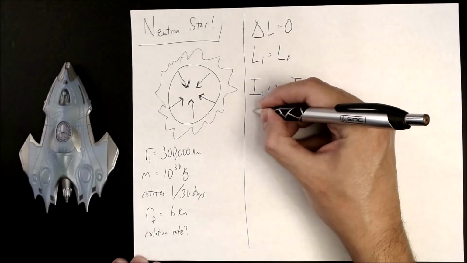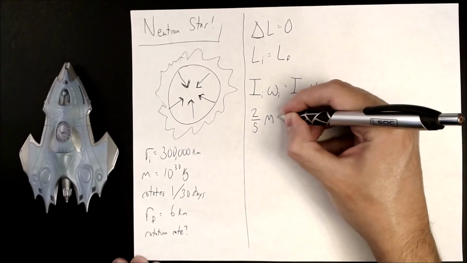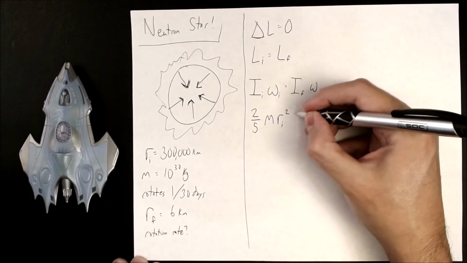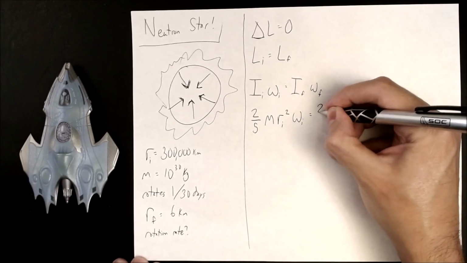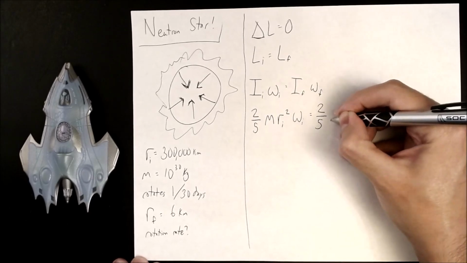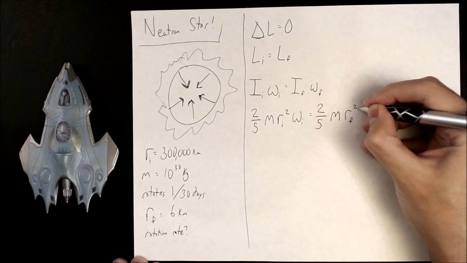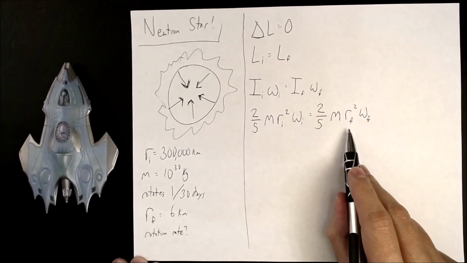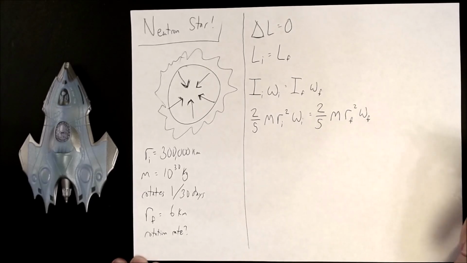Moment of inertia of a solid sphere is 2/5 mr squared. And this is 2/5 m R initial squared times omega initial, and that's equal to 2/5 m R final squared omega final. The neutron star is still a solid sphere at the end.